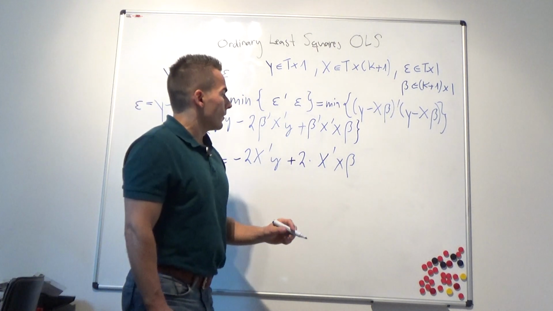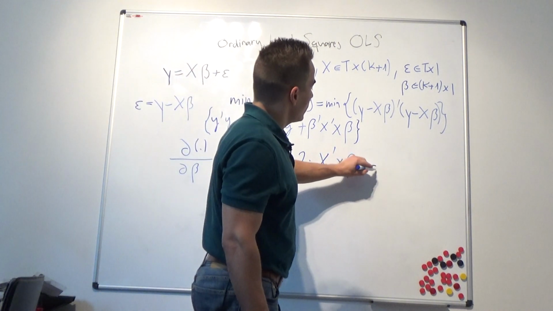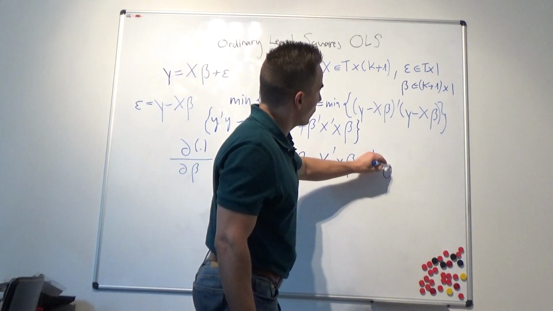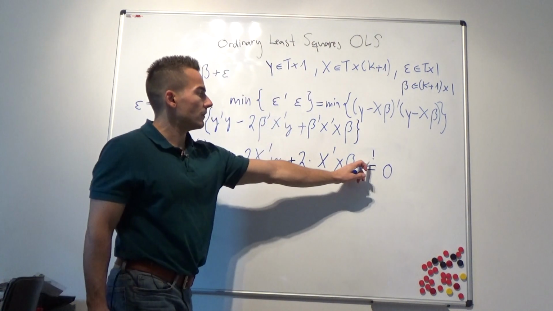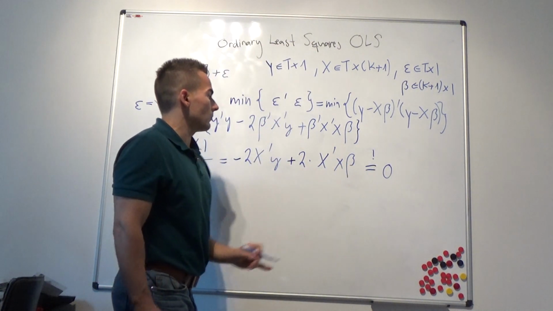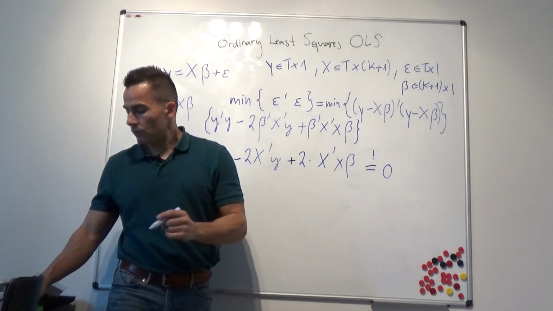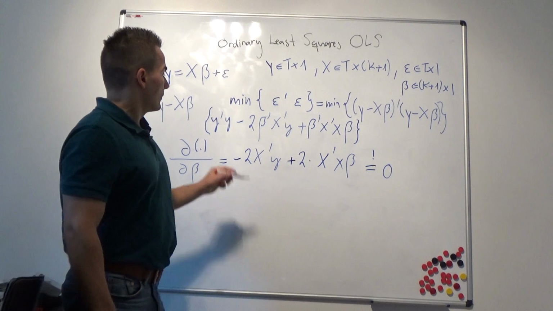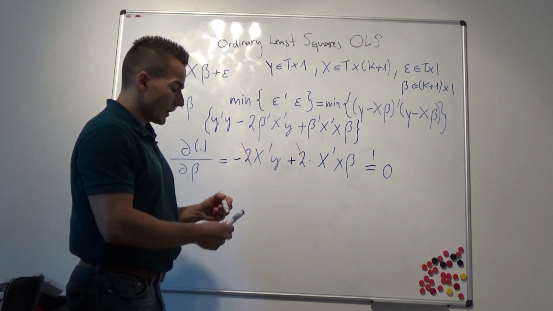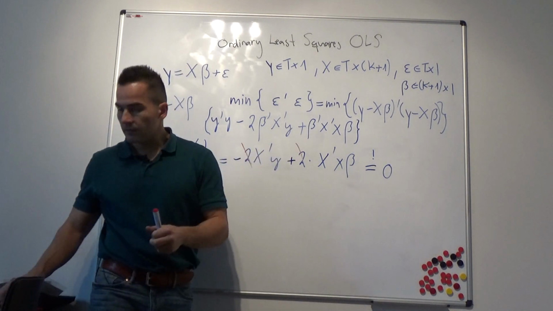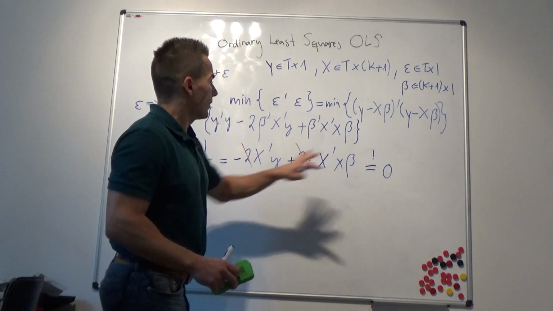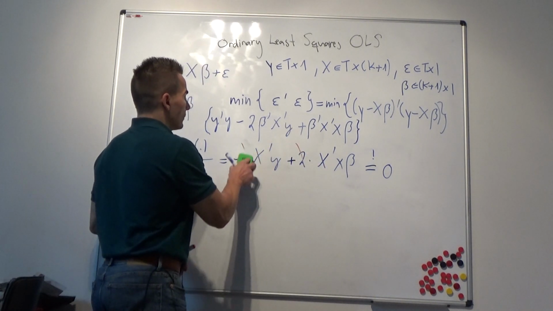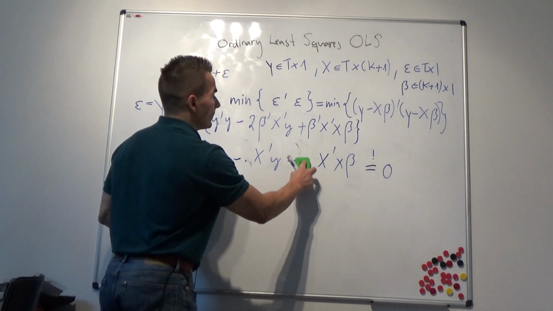We have to set this expression equal to 0 because we have to minimize it. First of all, we can cancel out the 2, because it's on both sides of the equation.